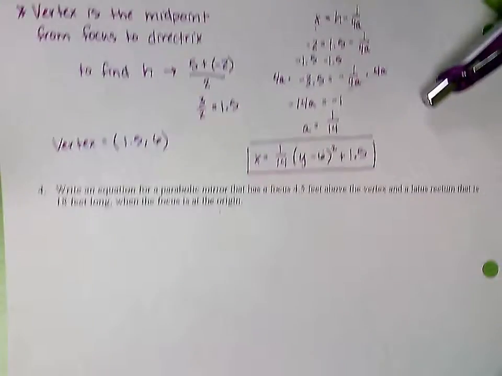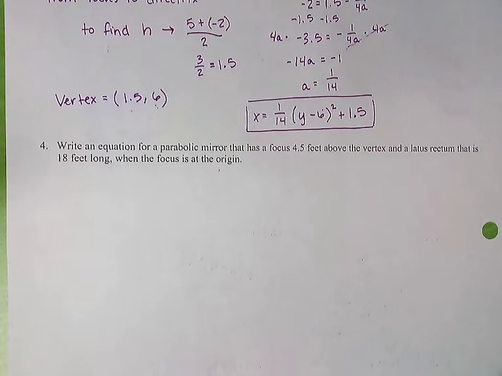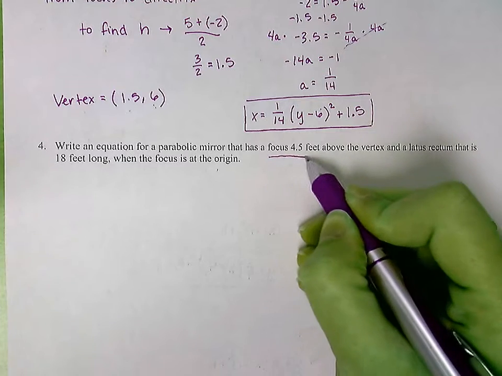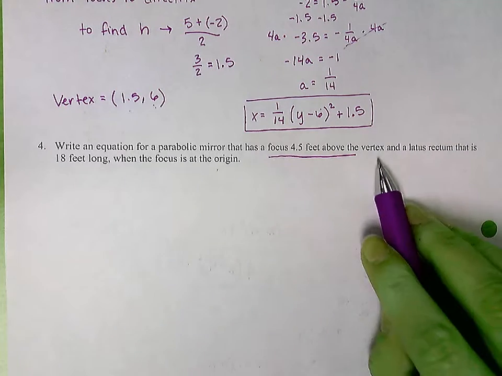All right, so if I look at the next one then, our last one, and then I'll let you work on the assignment. So we want to write an equation for a parabolic mirror that has a focus. Okay, your focus is 4.5 feet above the vertex.